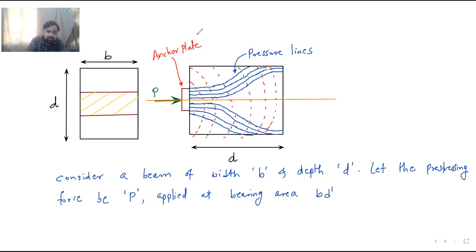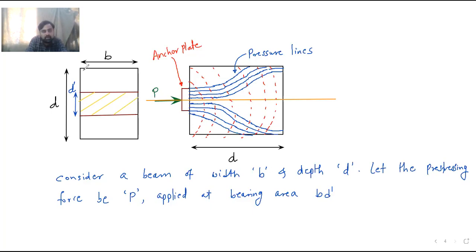Okay, so this dimension they have considered as D dash. Whatever this length is, the anchor plate depth, it is D dash. Okay, and width is B. So B D dash. On this anchor plate, we are applying the pre-stressing force.